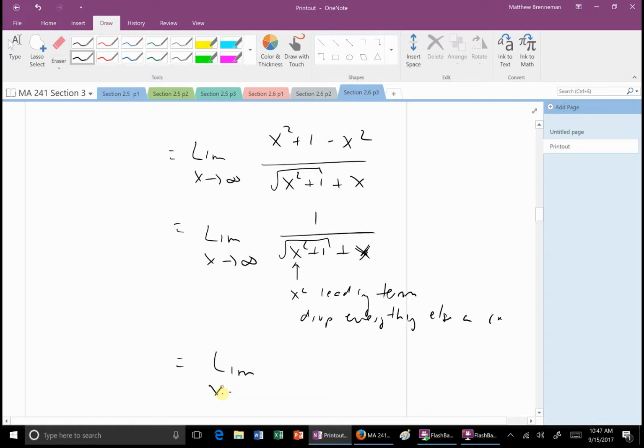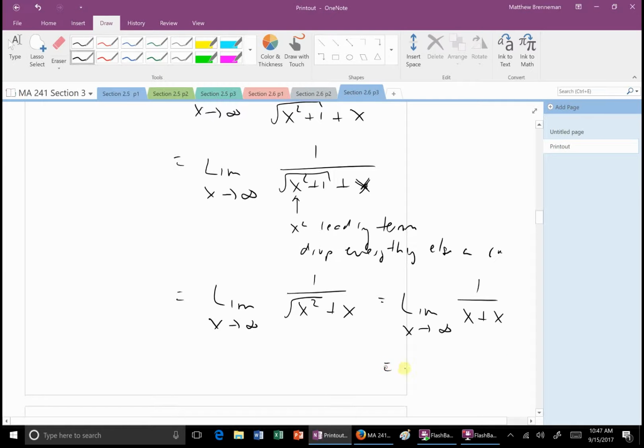Limit as x goes to infinity. And I have the square root of x squared, I can do that, which is x. So I get 1 over 2x, which now I know unambiguously.